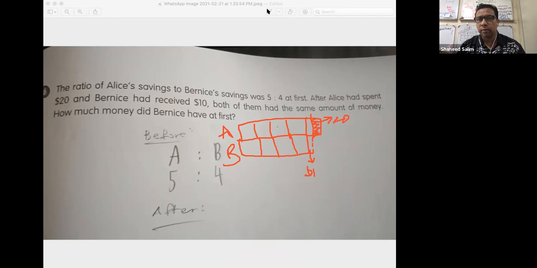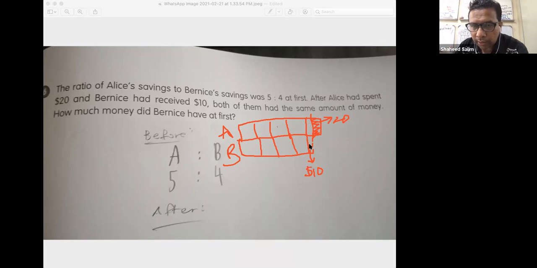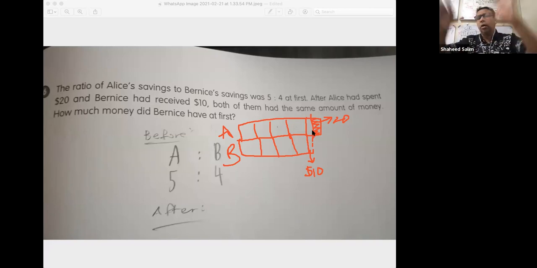A little bit slow drawing with this. This one is $10. So you notice down here is 10, down here is 20. Can you see? That means 1 unit is how many? 1 unit is 10 plus 20. Once you know that, you know how to do already.